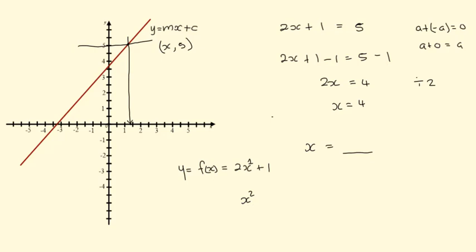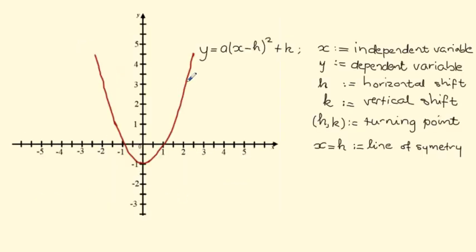A quadratic function can be generally represented as y equals a times brackets x minus h squared plus k, where x is the independent variable, y the dependent variable, h is the horizontal shift, and k the vertical shift. All this must be understood before you can say you understand almost everything about quadratic functions.